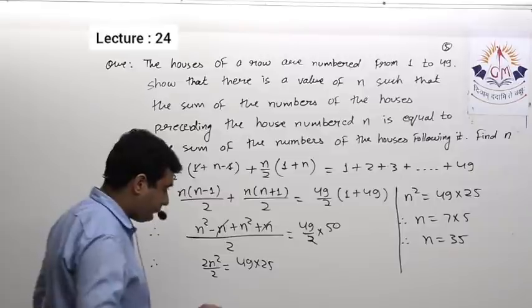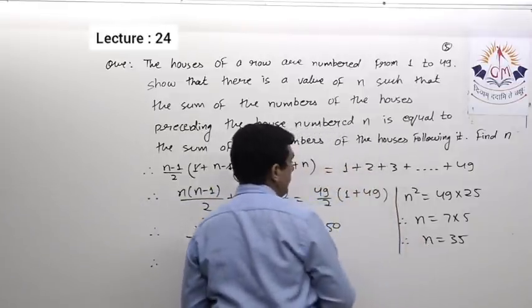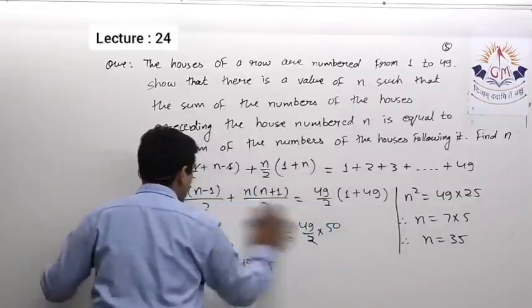Okay, so here you can write the concluding line. Thus the required house number is 35.